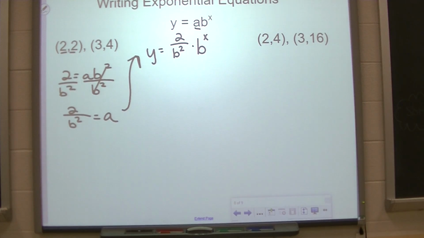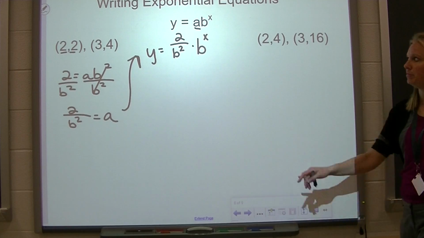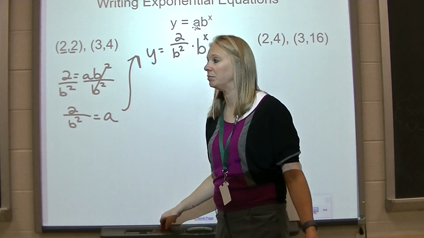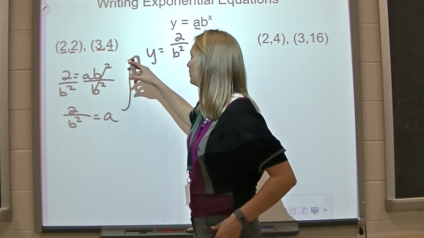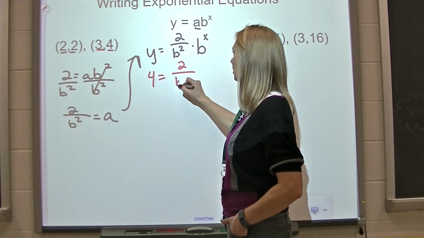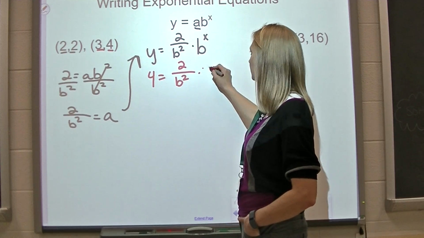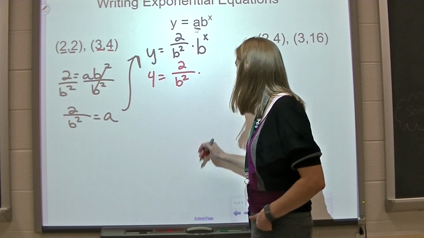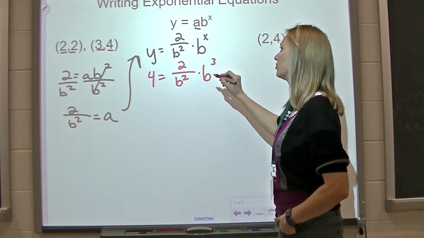We did just use 2 for x, but we're not using that point anymore. Now we're trying to solve for b, so we're going to use our other ordered pair, which is 3, 4. So I'm going to do 4 equals 2 divided by b squared times b to the third power.